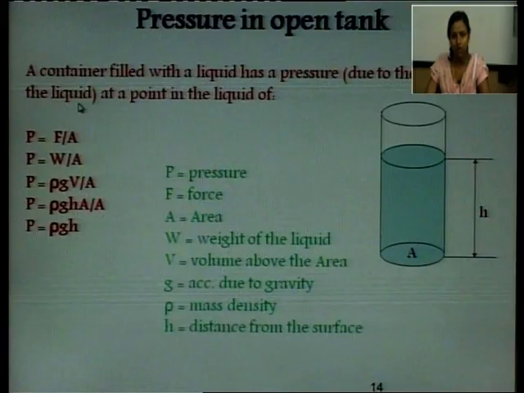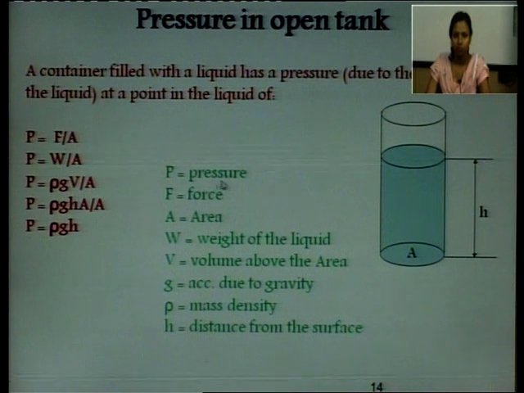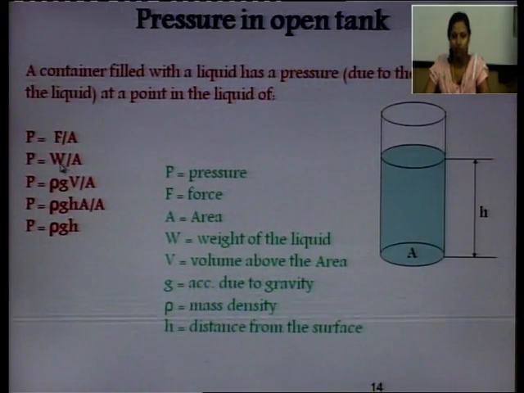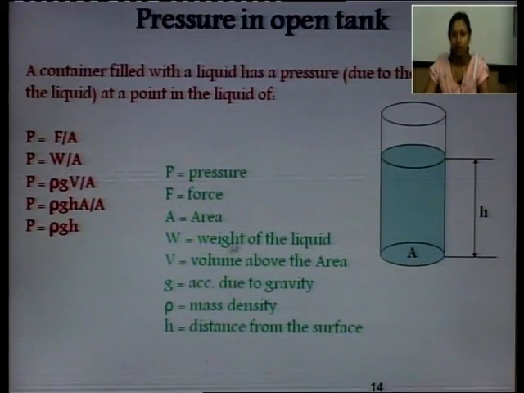So weight is equivalent to force at a point in the liquid. P is pressure, F is force, which is equivalent to weight, and A is area. Weight is exerting some force, so pressure is equal to weight upon area, where W is the weight of the liquid.